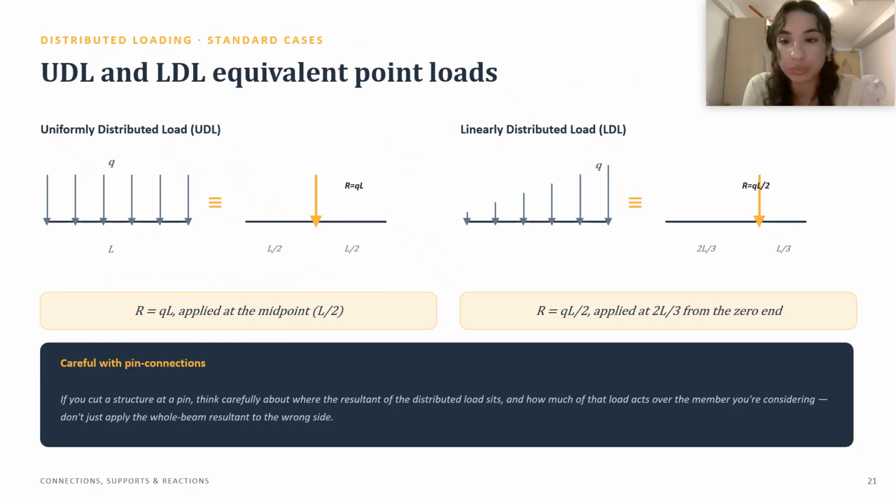So you have uniformly distributed loads and linearly distributed loads. Usually, if you have something like this, a UDL is kind of like a rectangle.